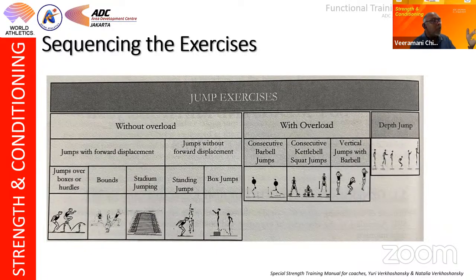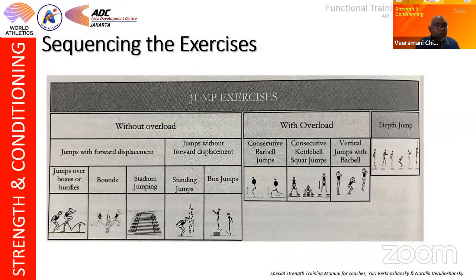And then we move into what we call with load. What can we do about it? And of course, the ultimate demand will be the depth jumps. So progressively, you're building the athletes from a directional base with extra resistance, and then, of course, putting them to a very high demand of reactivity or explosive actions. So all this is how we can sequence it.